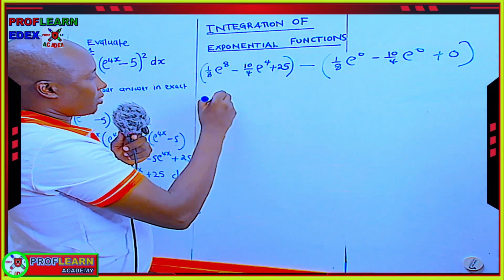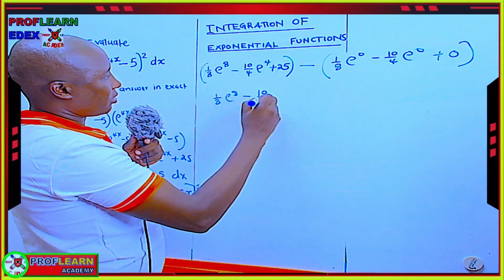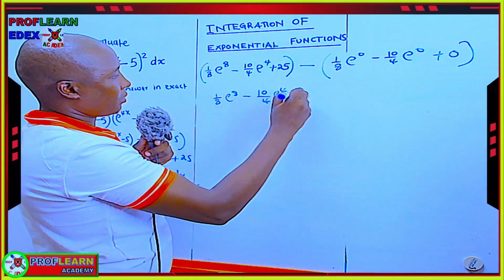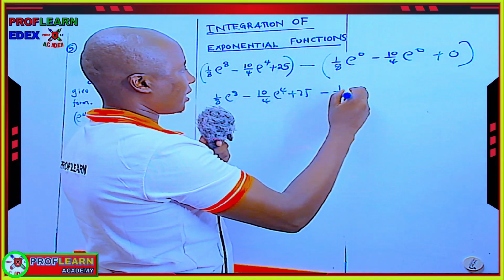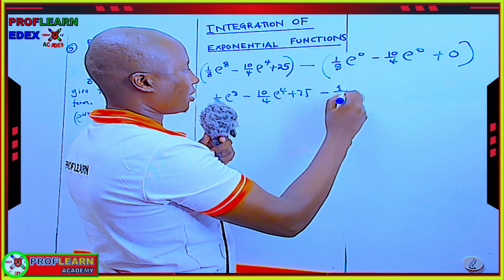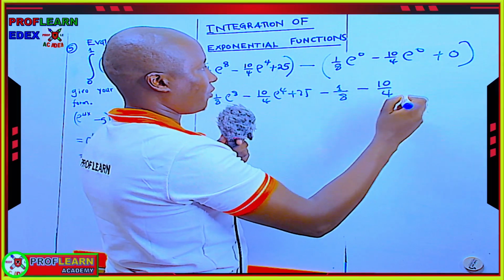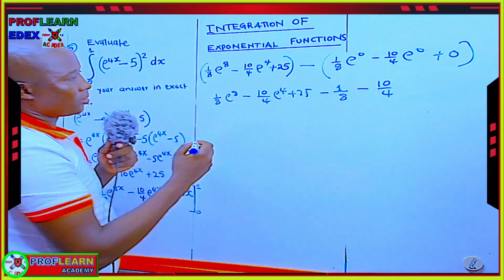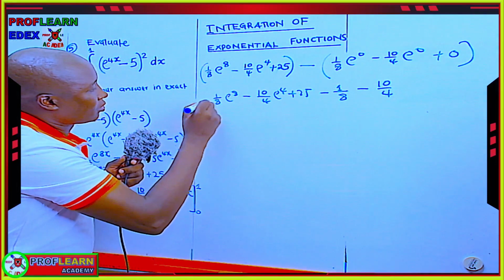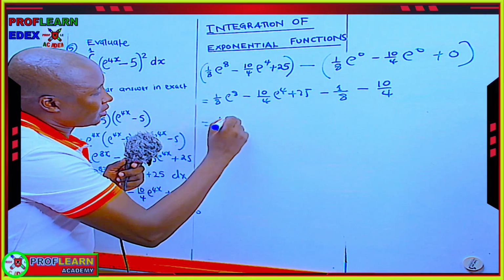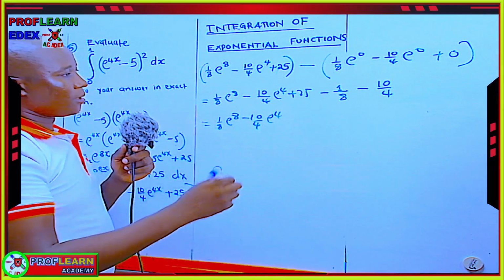Now this is going to be 1/8 e to the 8 minus 10/4 e to the 4 plus 25, minus, any number to the 0 is 1, so 1/8 minus 10/4, and then we can simplify that. This finally becomes 1/8 e to the 8 minus 10/4 e to the 4.